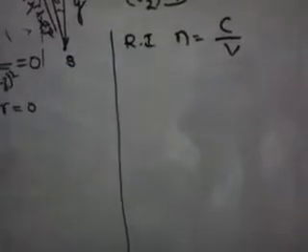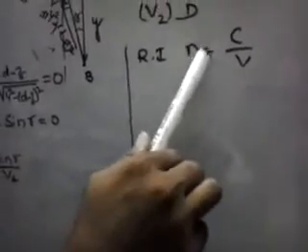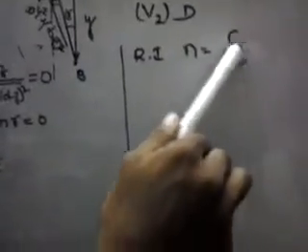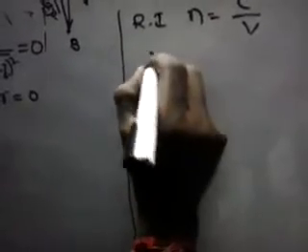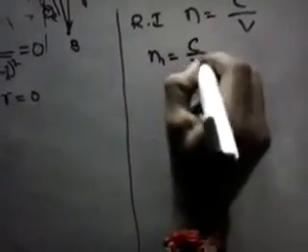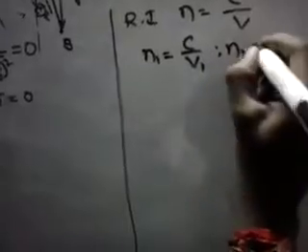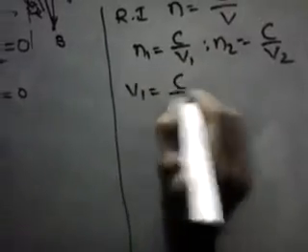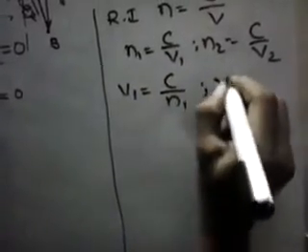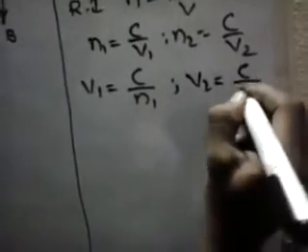The refractive index n is the velocity of light in vacuum over the velocity of light in that specified medium. So I can write n1 equals c by v1 and n2 equals c by v2. So v1 is c by n1 and v2 is c by n2.